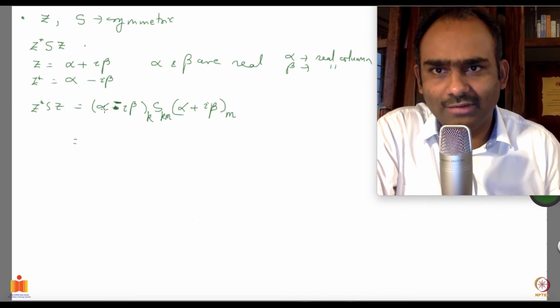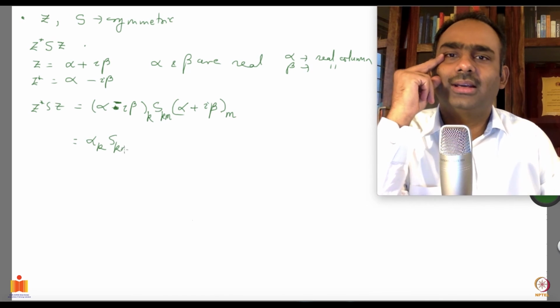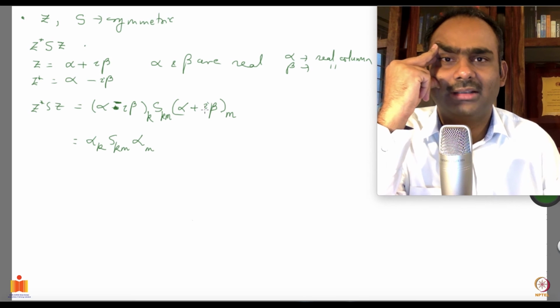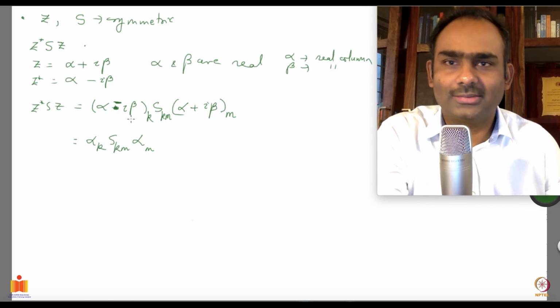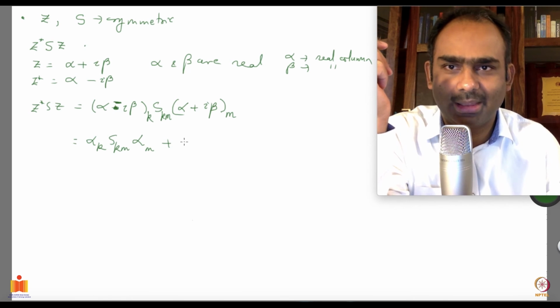I multiply alpha S alpha, so I get alpha K S K M alpha M. Let me multiply the betas. i squared is minus 1, and there's a minus already there, so that makes a plus: beta K S K M beta M.